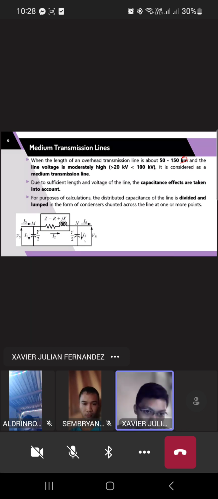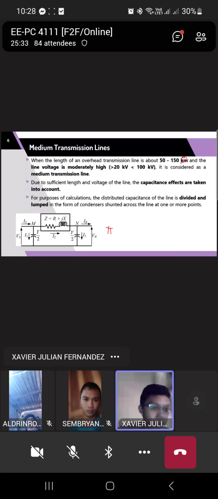The pi symbol looks like this. From that alone, you can see the medium transmission line looks like a pi. That's why it's called a nominal pi representation of a medium transmission line.